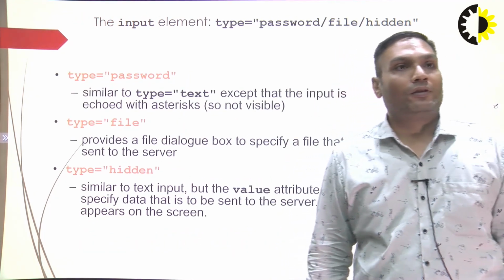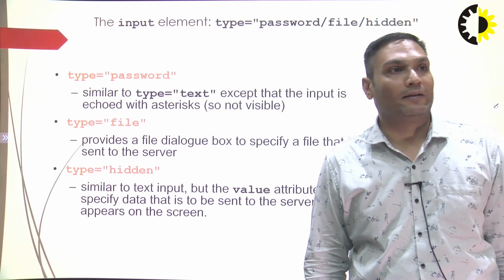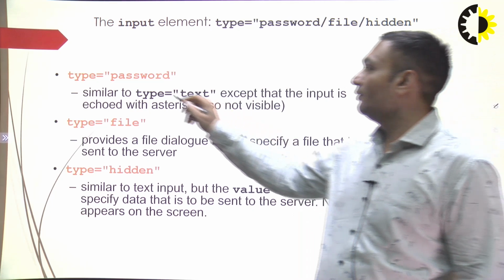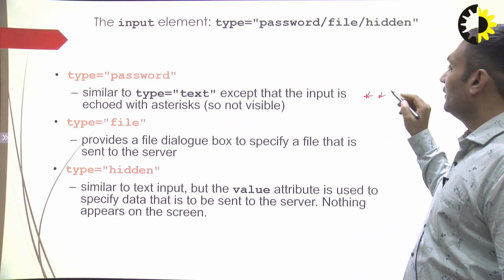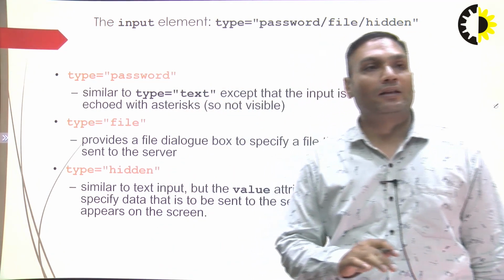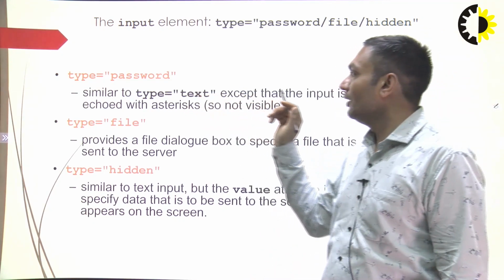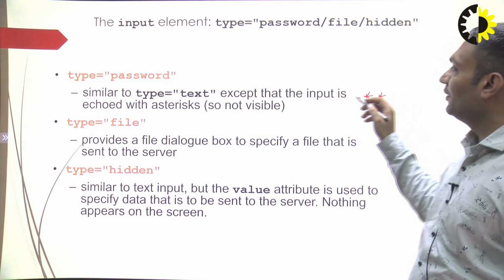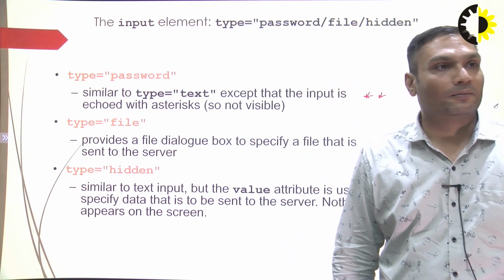Another type of input element can be password, file or hidden. Password will be displayed in the form of asterisks. There is a difference between input type equals to password and hidden. Hidden will display nothing, but if I write input type equals to password, then the input values will be displayed using asterisks.